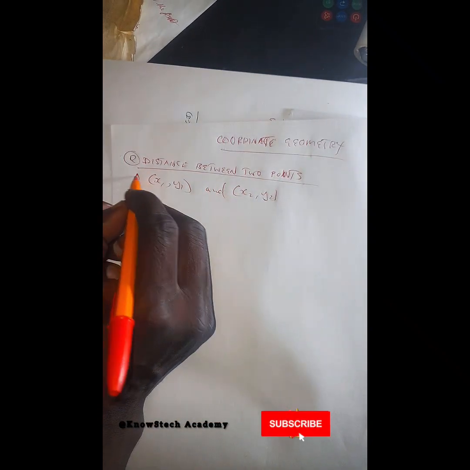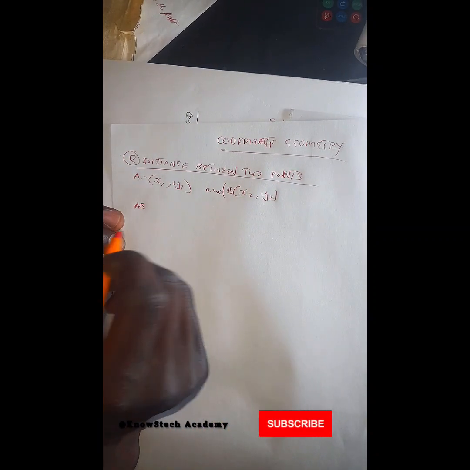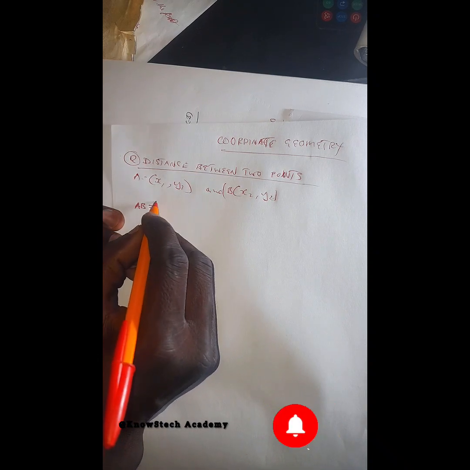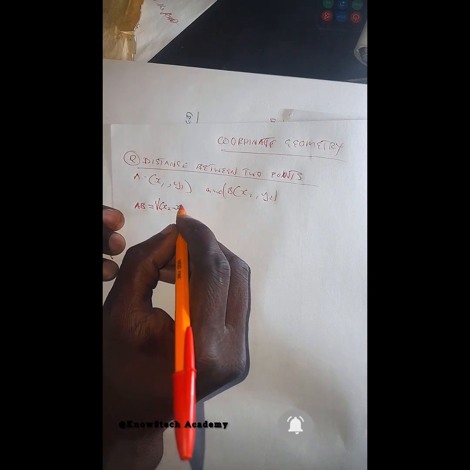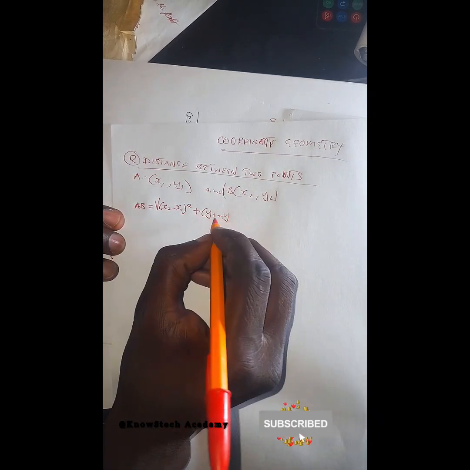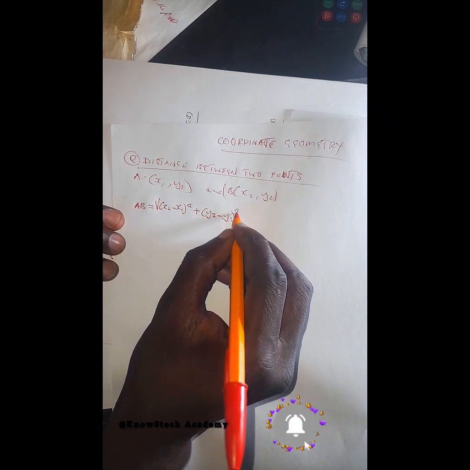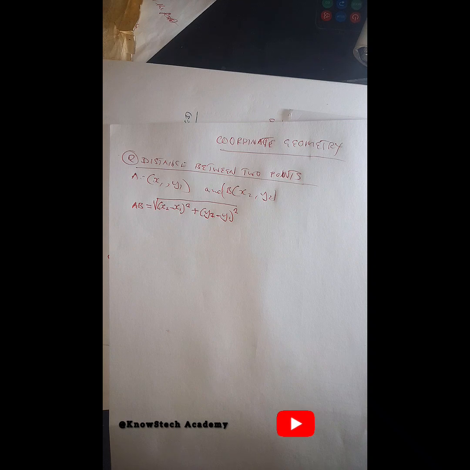Let's say this one is point A, this one is point B. To find the distance between points A and B, we will need to find the square root of their differences in points, which is (x2 minus x1) squared plus (y2 minus y1) squared, the square root of this. So this is the formula when you have 2 points.